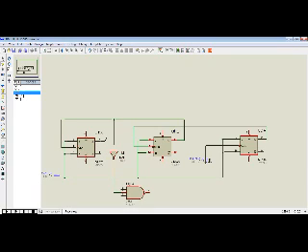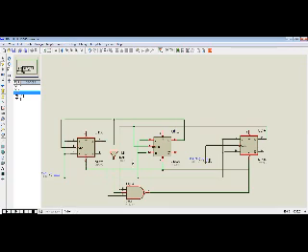Then the last input will come from the last flip-flop, and the first input of the NAND gate will come from the output of the first flip-flop, like that. Then the output of this NAND gate will go to the reset pins of all our flip-flops. So we connect the reset pins of all our flip-flops like that.